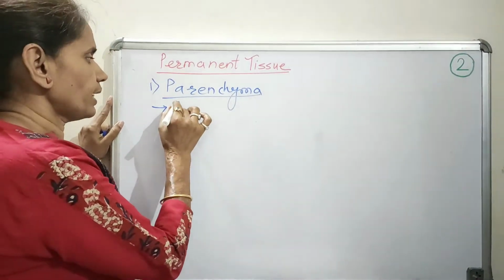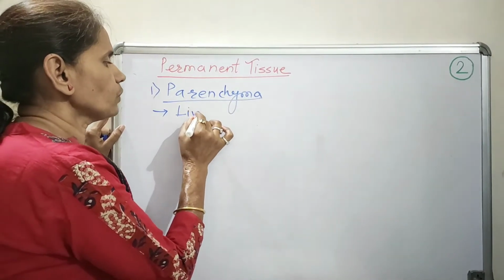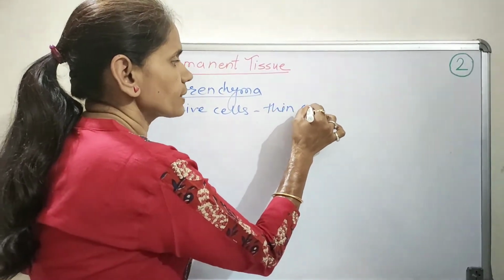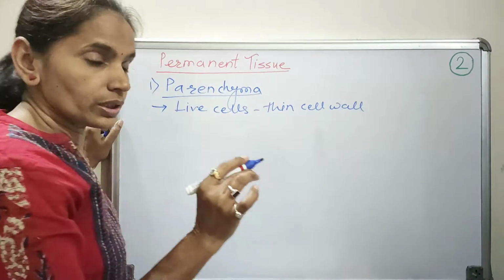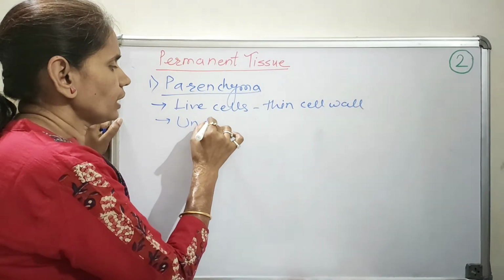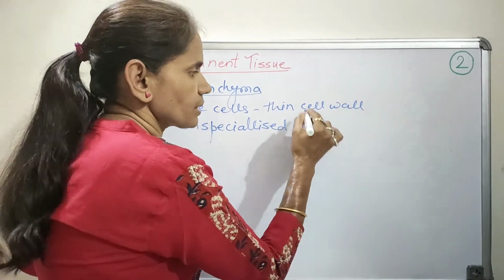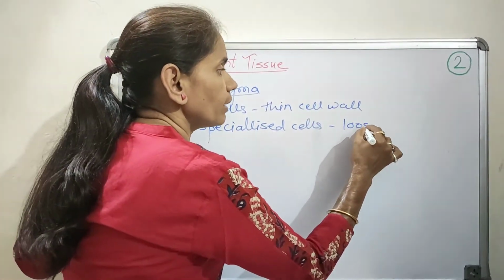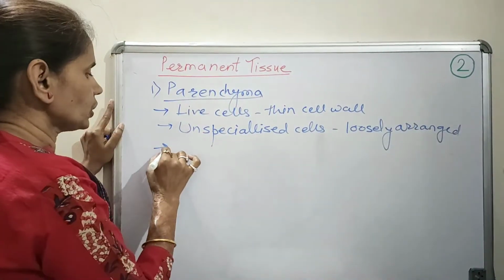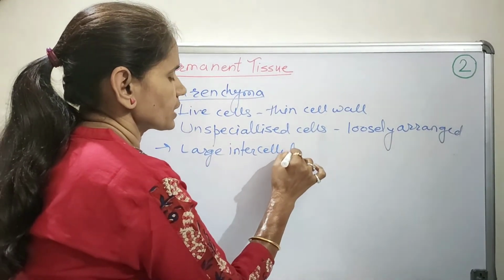The characteristic is that this parenchyma tissue consists of living cells that have thin cell walls, and mostly relatively unspecialized cells that are loosely arranged with large intercellular spaces.